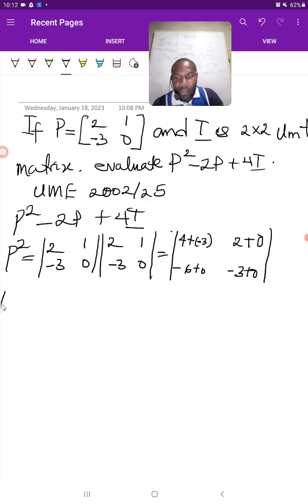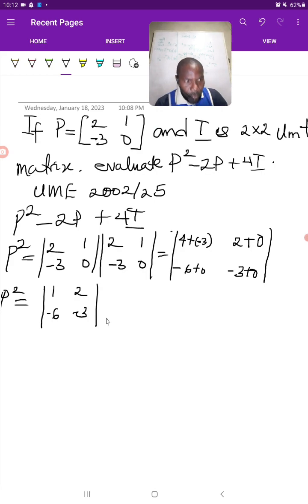So if you are now to write, P squared is equal to [1, 2; -6, -3]. So this is the value of P squared.